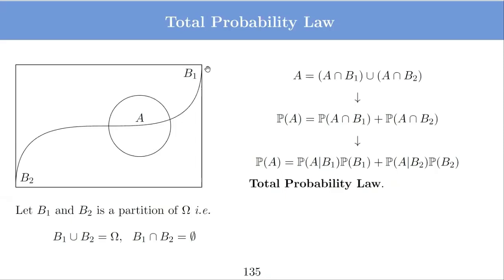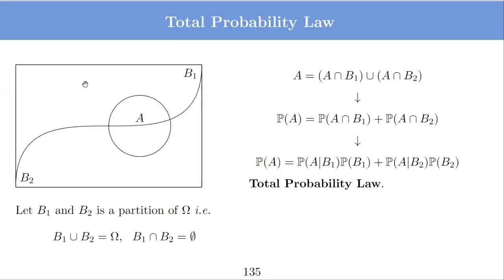And then you multiply them individually with the probability of B1 occurring into the probability of A given B1, and then the probability of B2 occurring into the probability of A given B2, then if you add them, you get the total probability. Okay, so this is very intuitive to understand. Probability of A given B is the probability of A given B has occurred, right? And if you multiply it with the probability of B also, you get the overall probability of A and B both occurring.